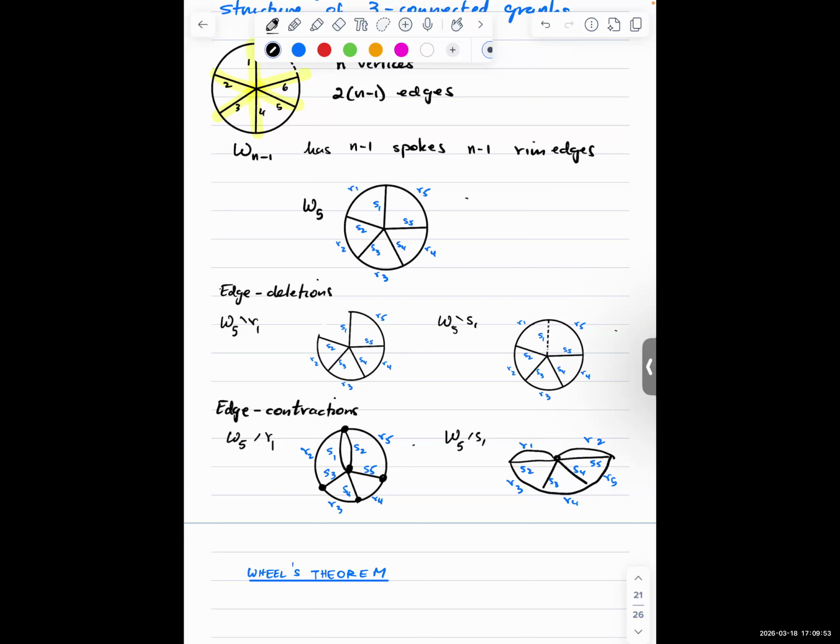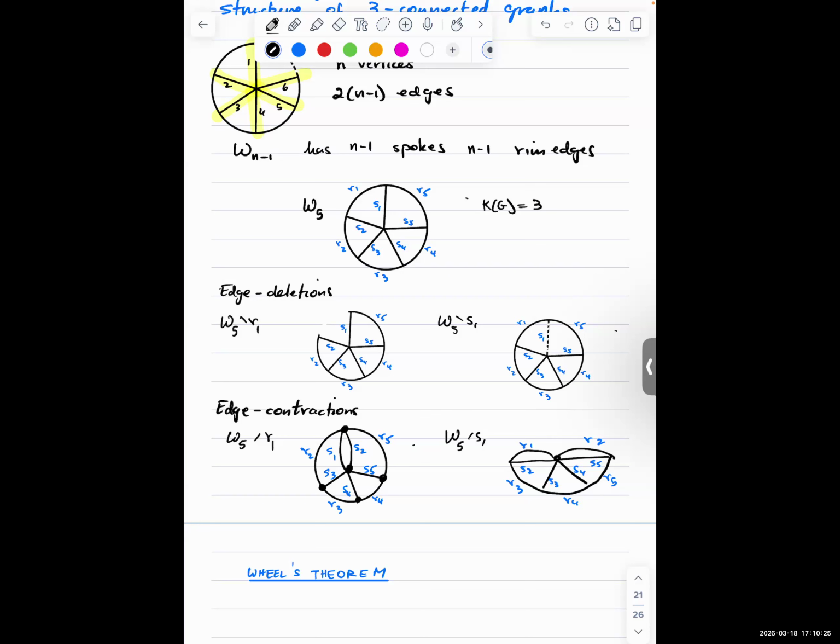The wheel is 3 connected, and actually you can't do more than 3 connected, because if you remove any 3 edges there, you'll disconnect the graph. So if you remove a rim edge, you've made the graph 2 connected, so it is no longer 3 connected.